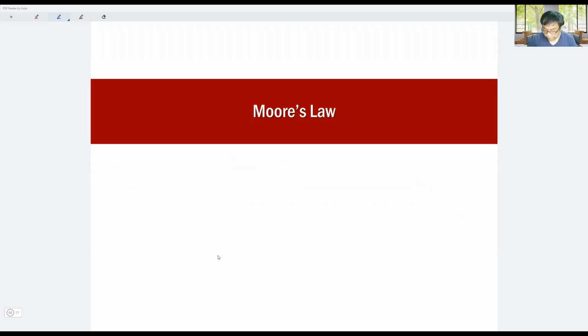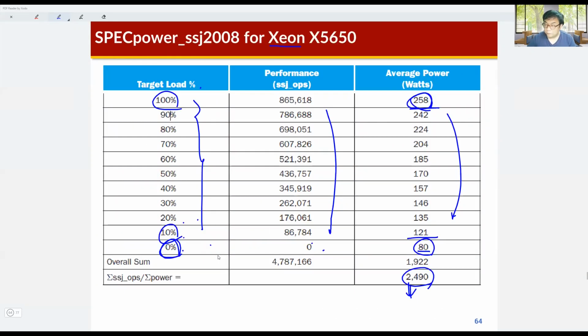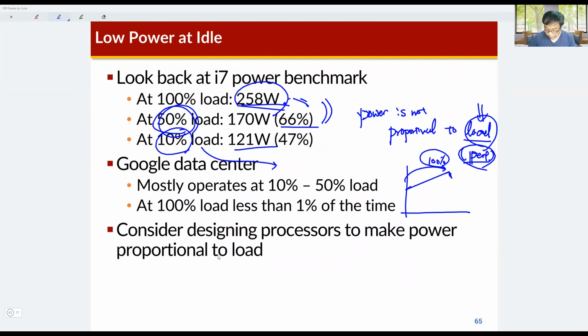So I explained power non-proportionality in the server system.